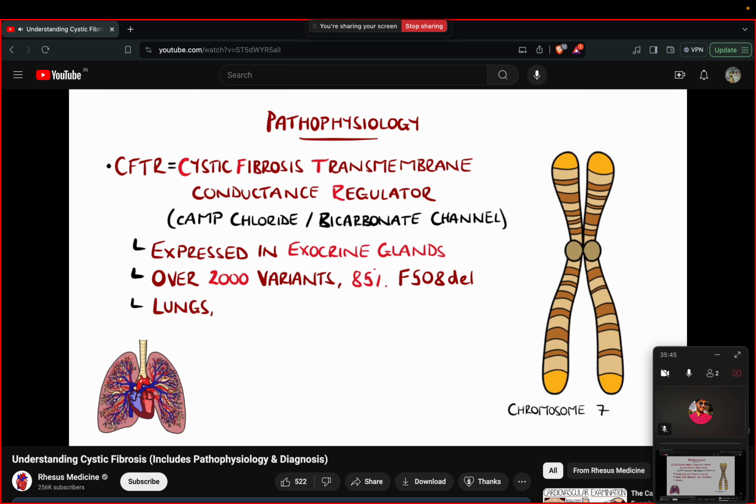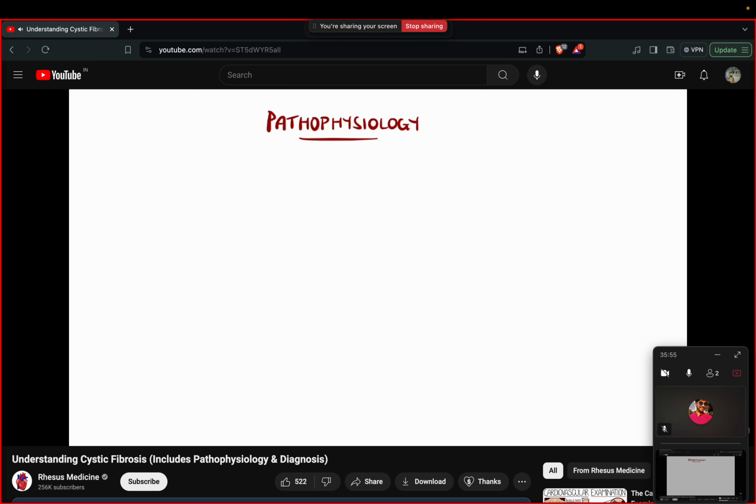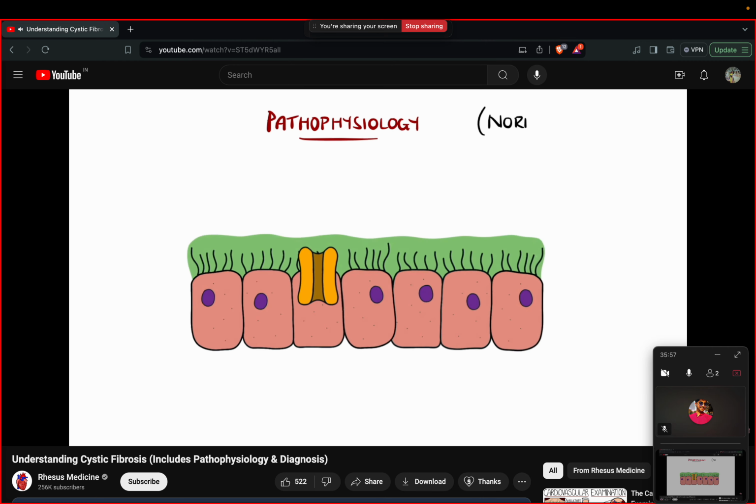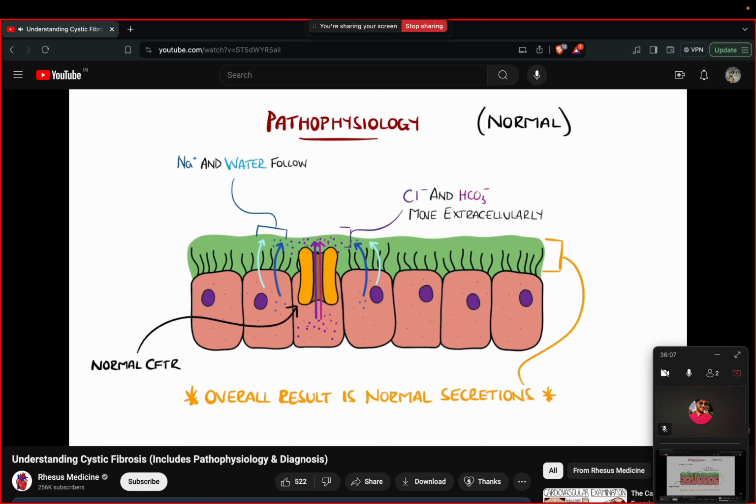The most commonly affected organs include the lungs, pancreas, sinuses, hepatobiliary system, intestines, and sweat glands. Normally, the CFTR channel helps move chloride and bicarbonate out of the cell, causing sodium to remain outside and overall to cause water to move out of the cells, forming normal secretions.